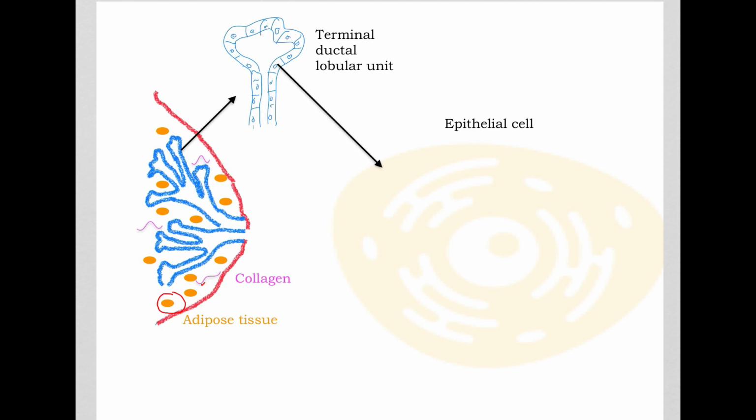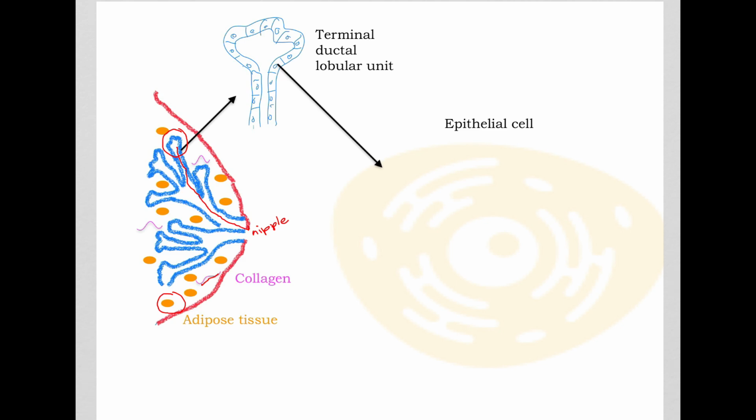Of course, there is connective tissue elements such as collagen, and the rest of the breast has ducts which end as lobules, and this is where milk is synthesized and then transported out to the nipple area.